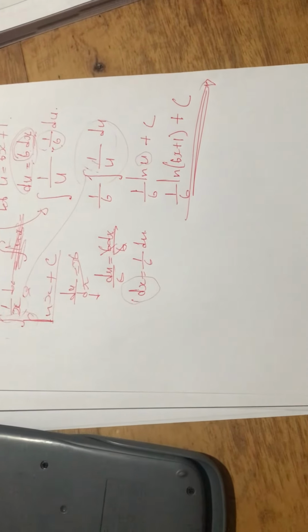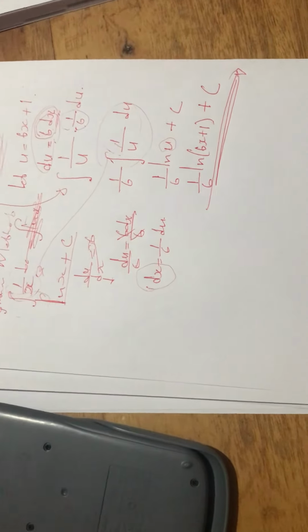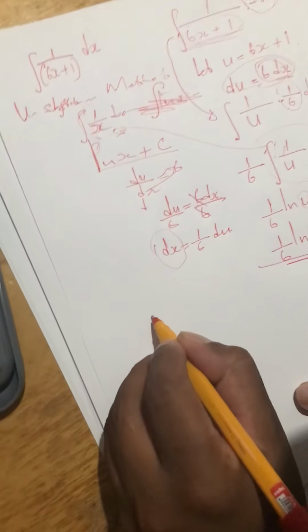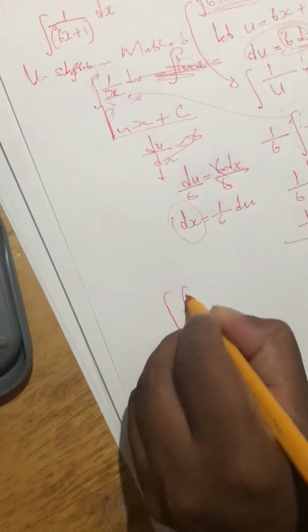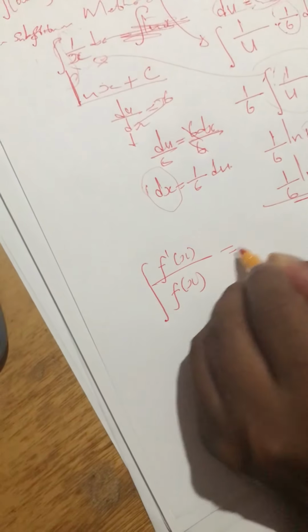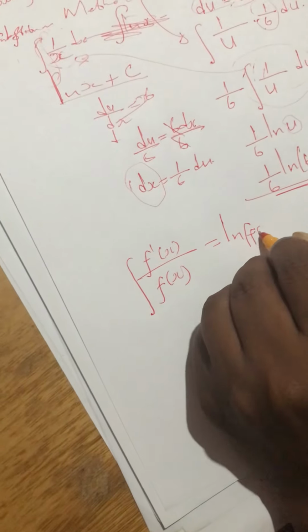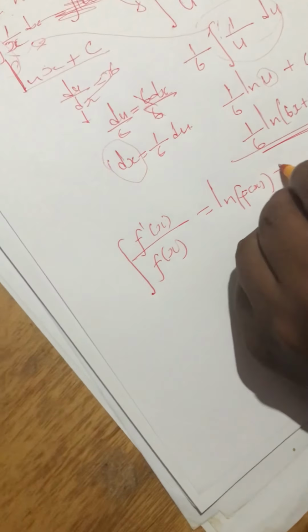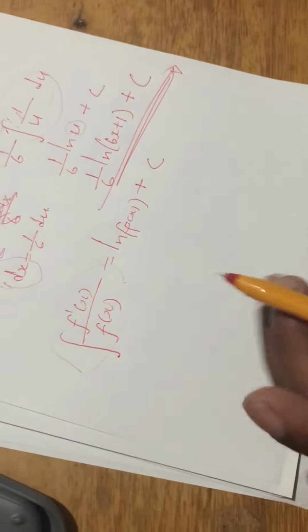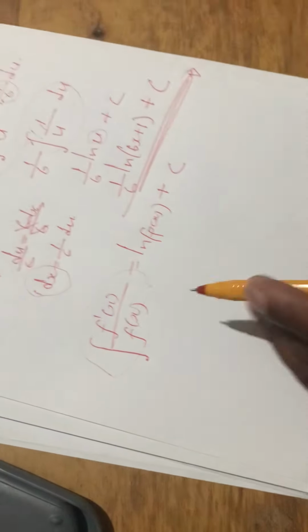But now if you want to follow the inspection technique, from here you are just going to say the integral of f prime of x divided by f of x can be written as ln of f of x, guys, plus c. Now we relate this, which is the second type of integration, with the question.